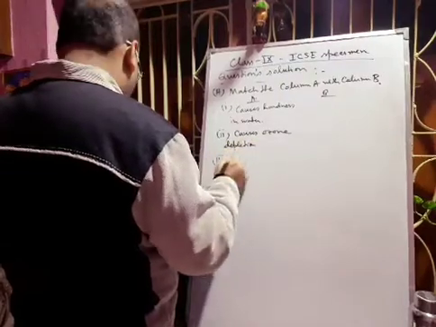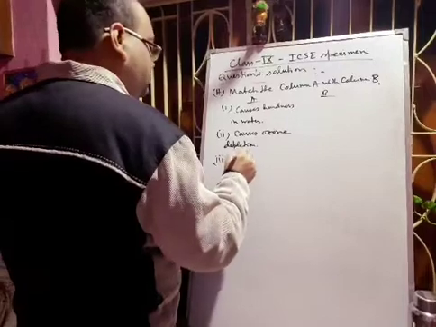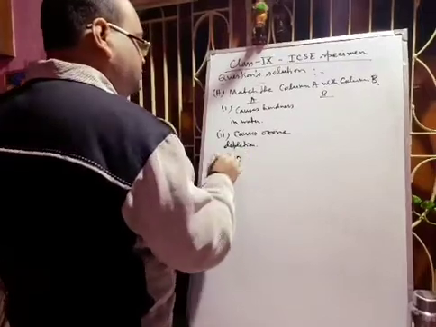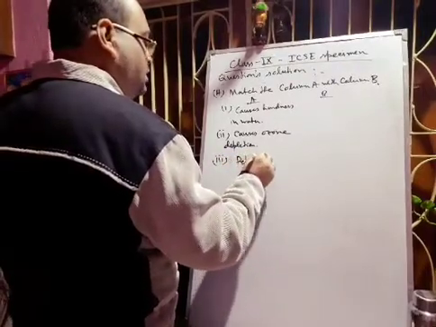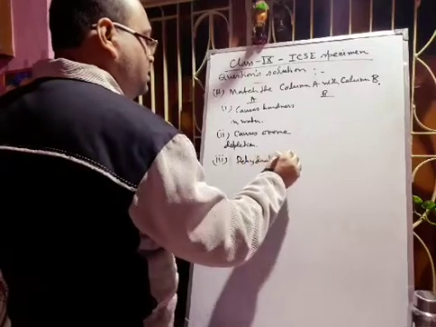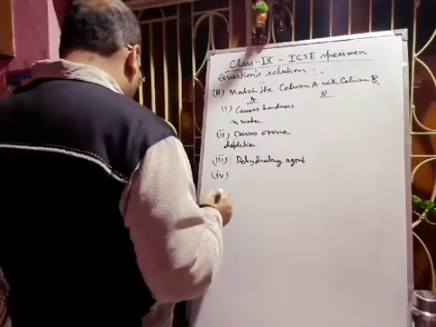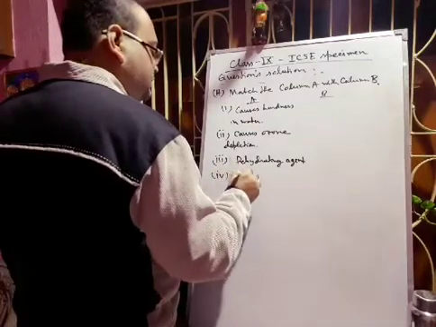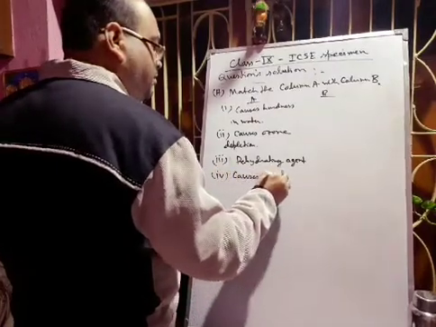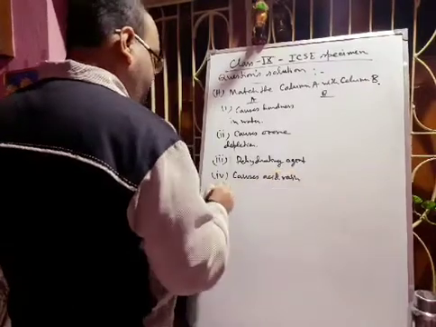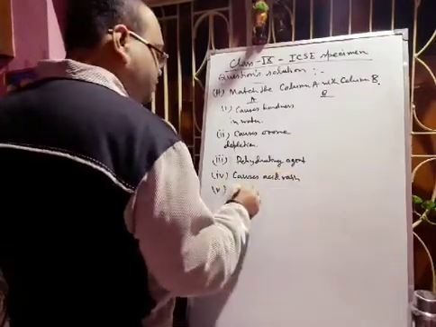Third given that dehydrating agent. Four, causes acid rain. Five, drying agent.